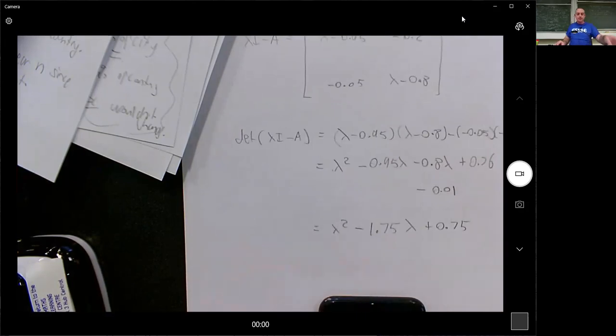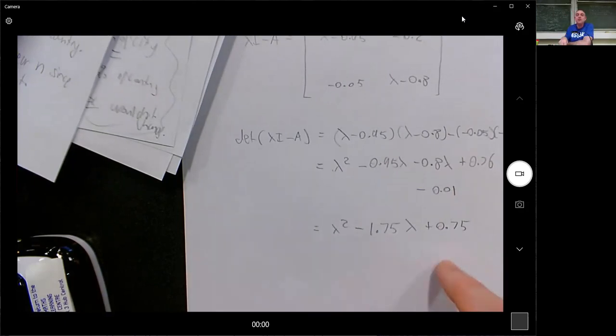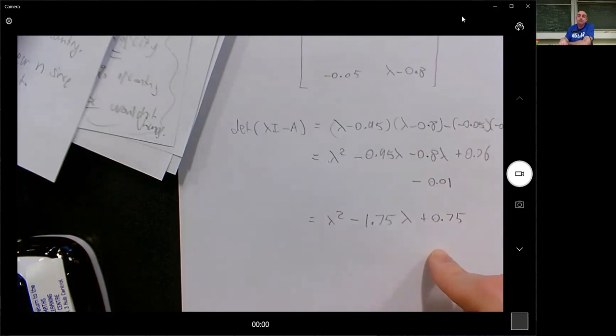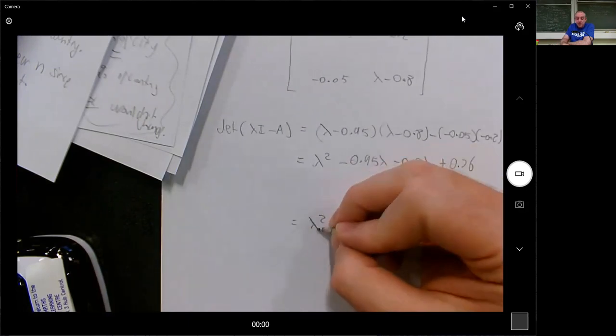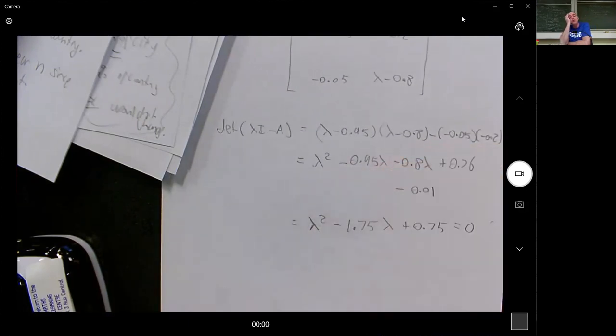Okay. And I need to solve this being 0. I need that to be 0 in order to find the eigenvalues. And that's a quadratic equation, so I could use the quadratic formula if I wanted, or I could attempt to factorize this.